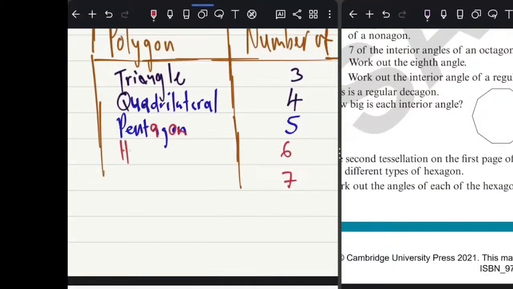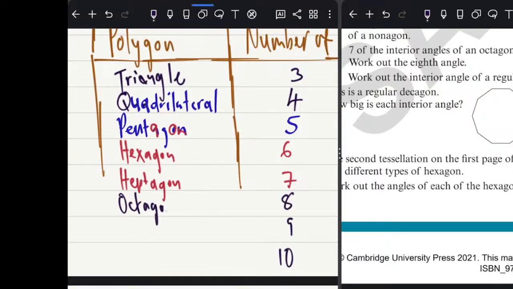Then we have 6 and 7. 6 is hexagon, which has less letters. Then heptagon is 7. So you need to write this many times. Write it over and over again. Heptagon has 7. Then you do 8, 9, 10. 8 is octagon. 9 is nonagon. 10 is decagon.